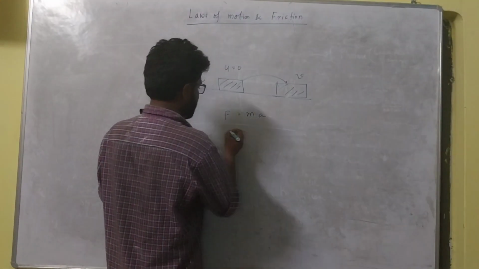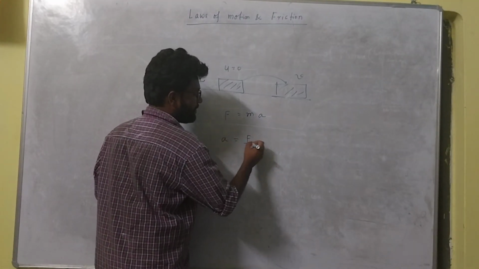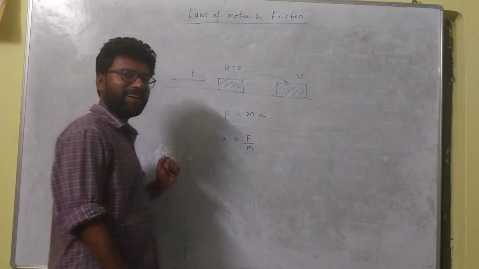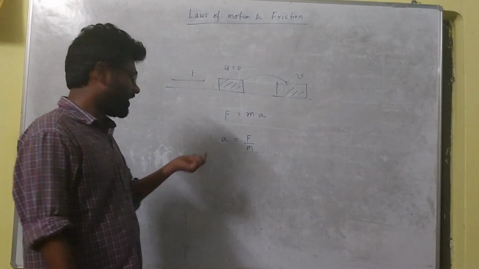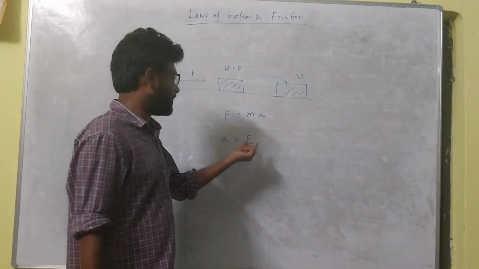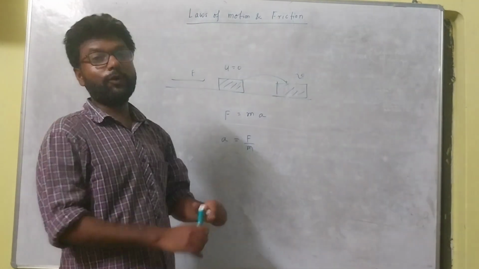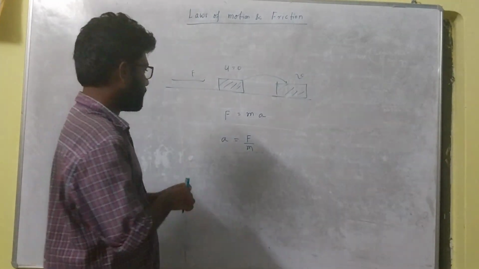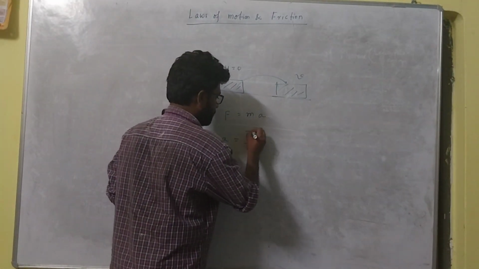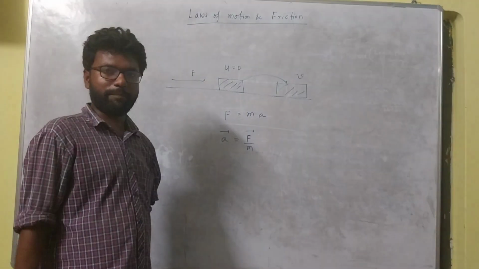If I write this equation in another way, a = F/m, right? F means force, a vector quantity, and a means acceleration, also a vector quantity, right? So if I drop the vector sign here, a = F/m.